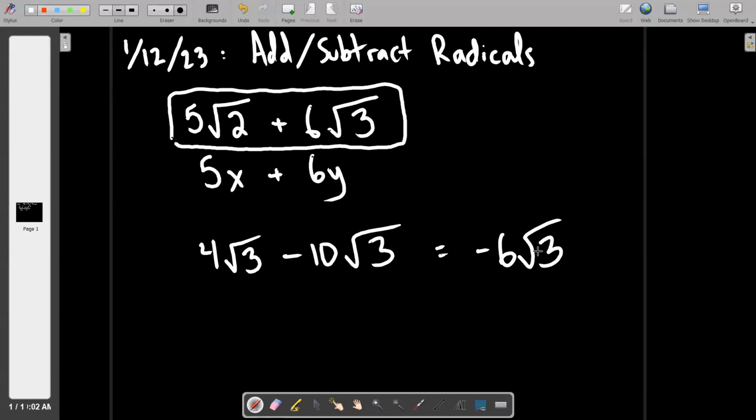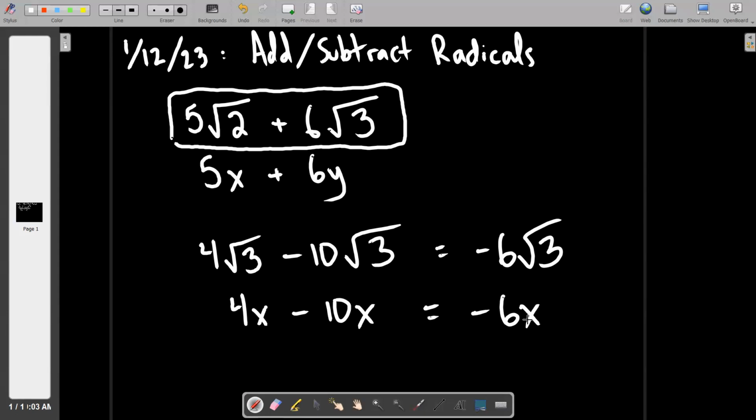And again, it's no different. I know it's not the same exact situation, but touchy-feely wise, it's the same as if I said to you, what's 4x minus 10x? You don't change the x's, right? They're still x's. You change the number of the x's that you have. So 4x's minus 10x's is -6, but they're still x's, right?